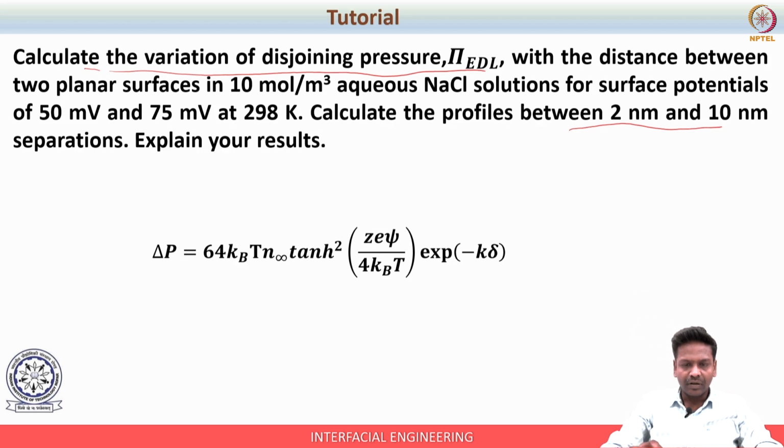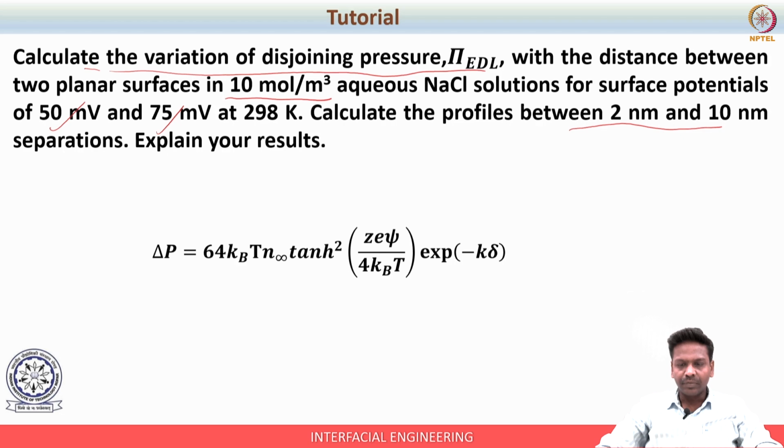The distance is between two planar surfaces kept in aqueous NaCl solution. The concentration is given, and we are going to do this for two cases. One is assuming that the planar surfaces carry 50 millivolt, and in another case study they carry 75 millivolt, but the temperature is the same in both cases.